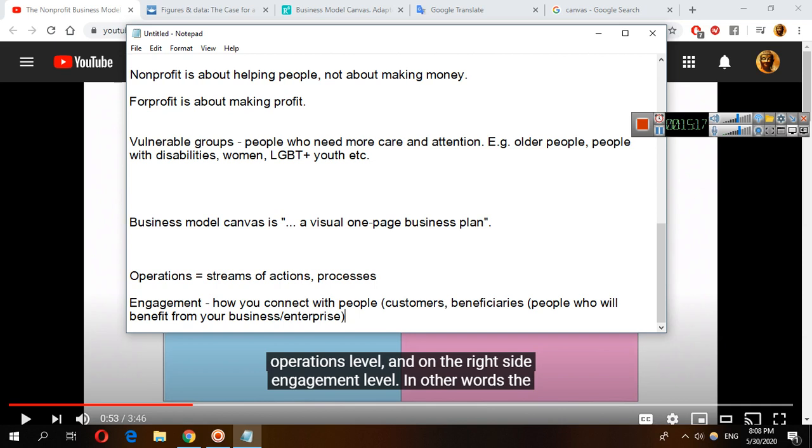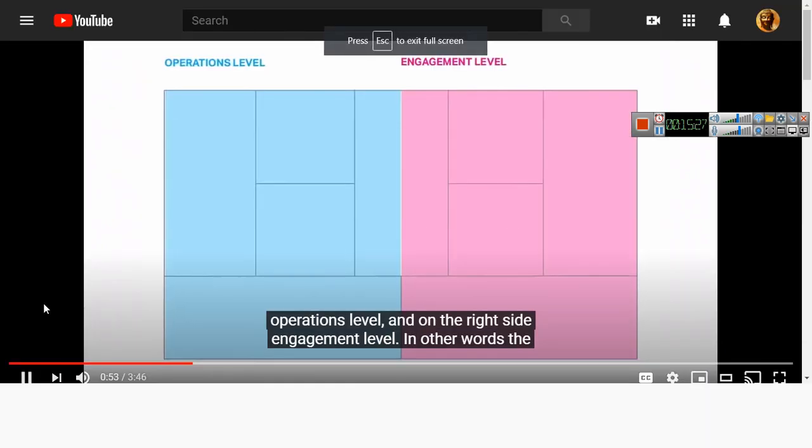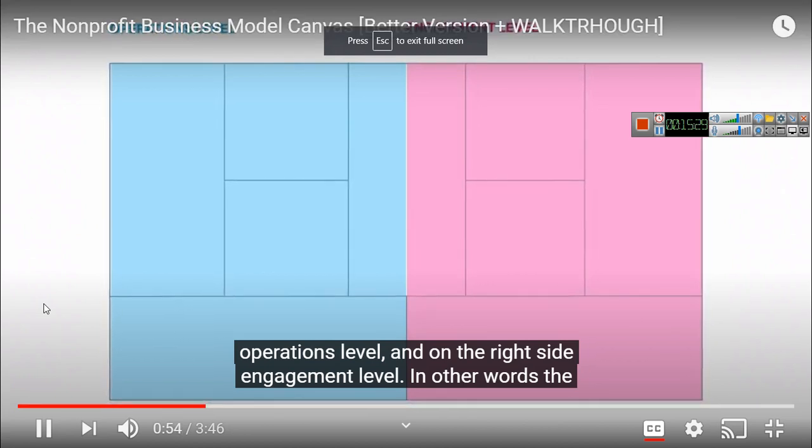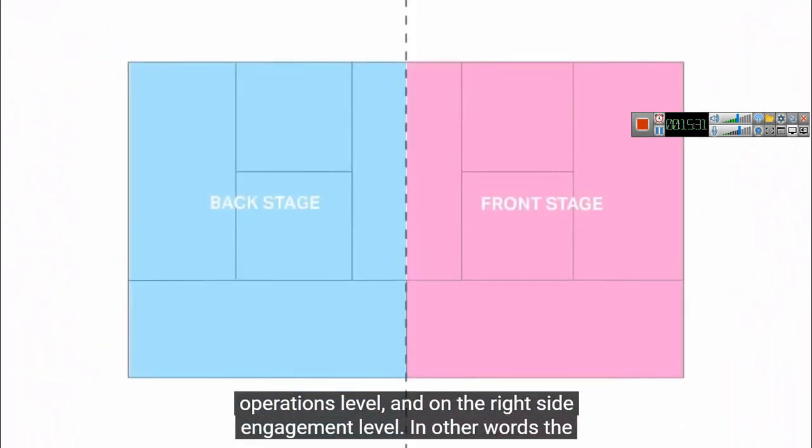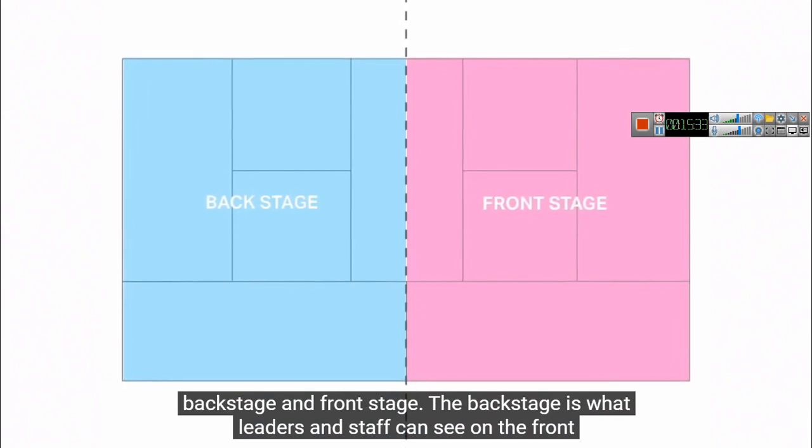Right. Customers, beneficiaries, supporters, etc. Right. And on the right side, the engagement level. In other words, the backstage and front stage.